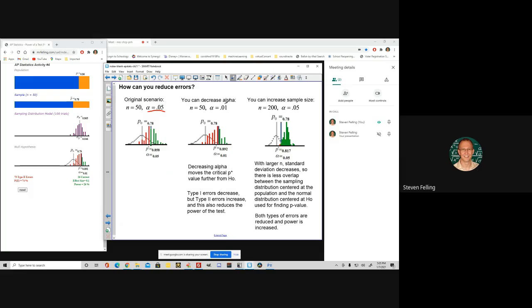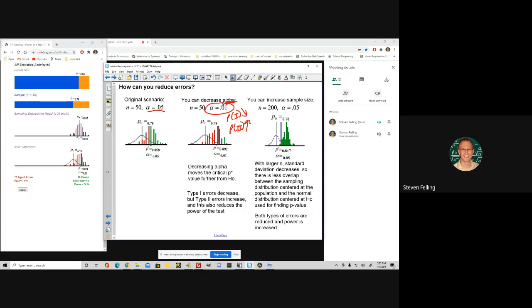Okay, if you decrease alpha, which is what we just showed over here, then that means the probability of a type 1 error goes down because that's just equal to alpha. But the trade-off is if you make alpha smaller, then beta always goes up. The probability of a type 2 error always goes up if you just decrease alpha. So you can trade off type 1 error versus type 2 error.